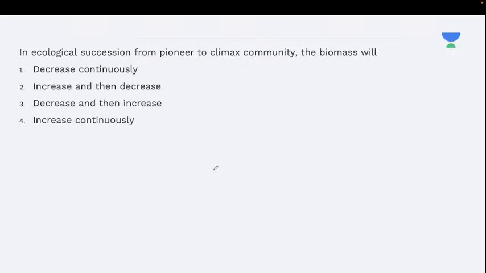In ecological succession, from pioneer to climax community, the biomass will... So there will be a pioneer community, then cereals, different cereals, then the climax.